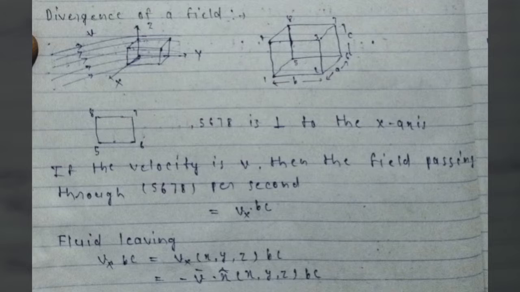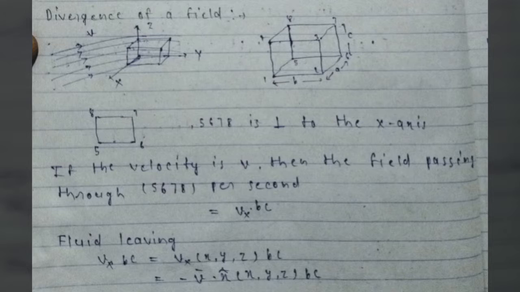Let us make it more precise. This is the box. And I am interested in what fluid is going out, right. So, for that I need the component which indicates a flow out, and that is for 5, 6, 7, 8, the component in minus x direction is going to tell me whether fluid is leaving or coming in.